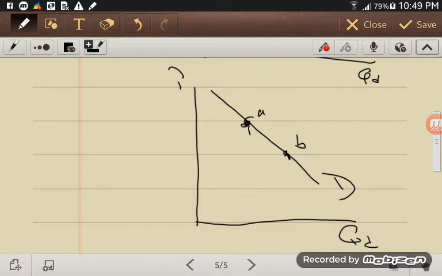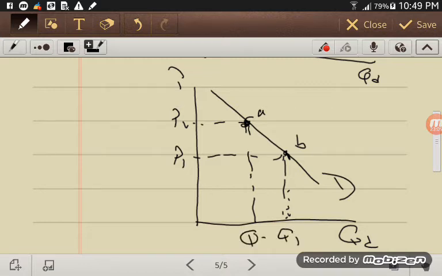As price increases from B1 to B2, quantity demanded is going to decrease from Q1 to Q2. And as a result, we are going to move along the same curve from B to A. So only the price of the product is going to cause movement along the curve.